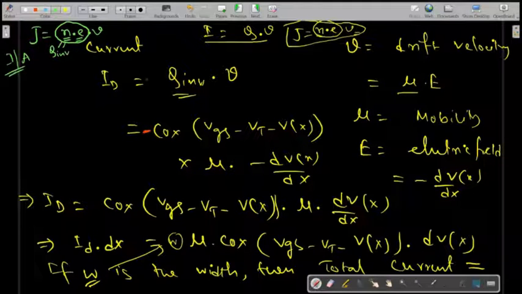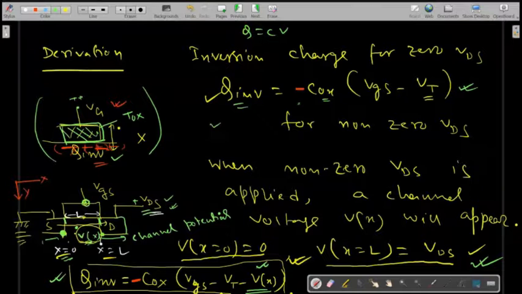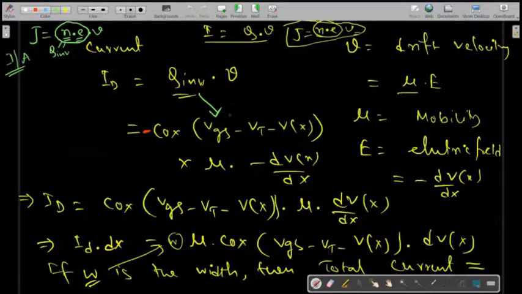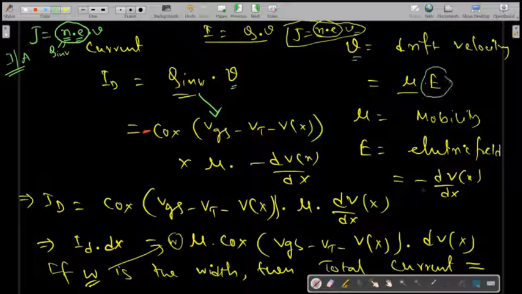After putting in this value of Q inversion, which I got in the previous step, just check what result we are getting. You know V is called the drift velocity. What is it equal to? Mobility into electric field, so V equal to mu into E. And this electric field is nothing but the negative gradient, minus dV by dx, the electric field along x.